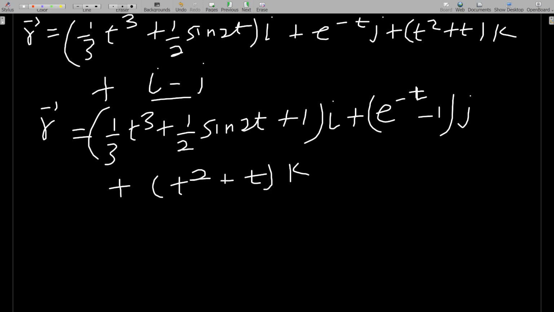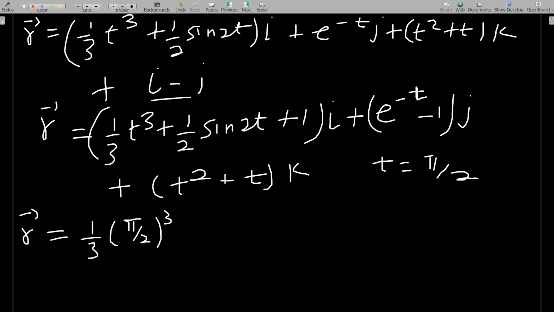And the question is, find the position at time t equals pi over 2. So at time t equals pi over 2, I have r equal to 1 over 3 (pi over 2) cubed plus half sine of 2 times pi over 2, like I said, you can leave your calculator in radians and that will give you 0.